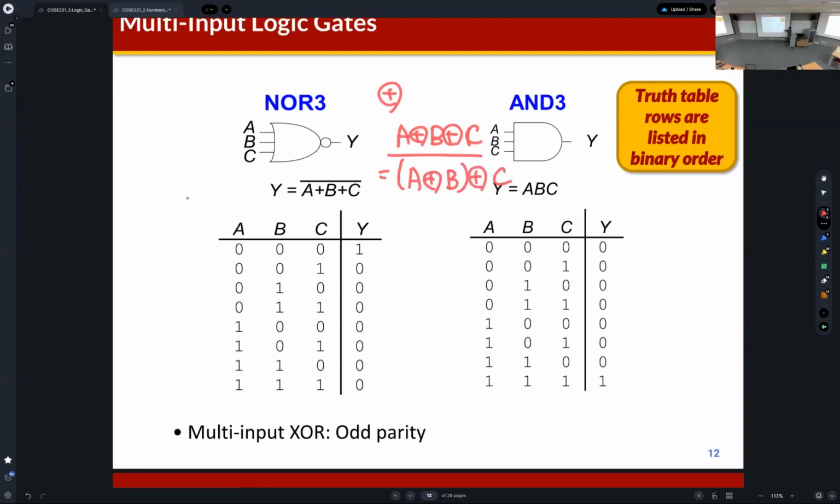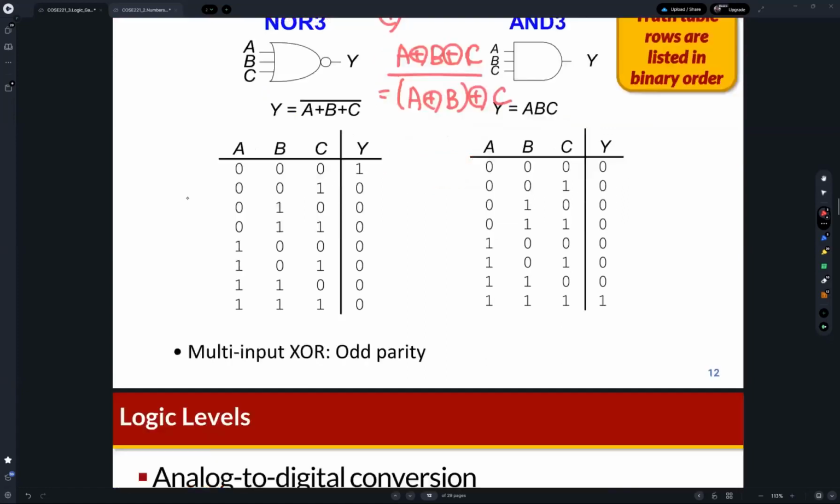Firstly, we perform exclusive OR for the first 2 inputs, and then we perform exclusive OR for the result of that and C. Then how can we figure out the output of a 3-input exclusive OR?